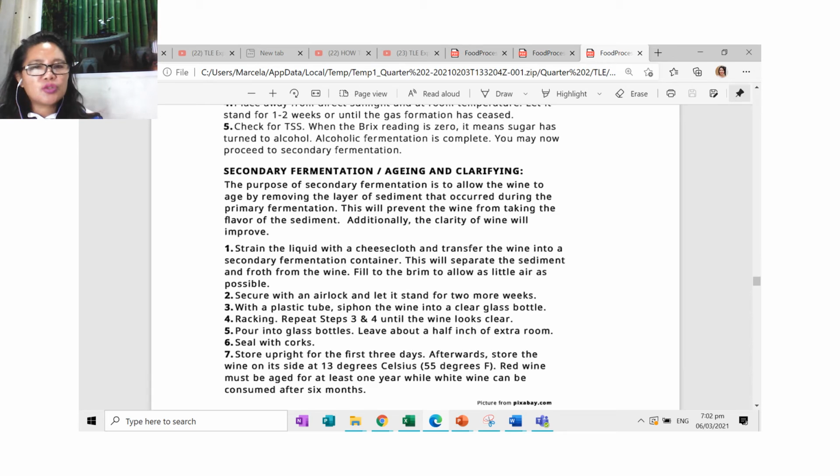Afterwards, store the wine on its side at 13 degrees Celsius or 55 degrees Fahrenheit. Then red wine must be aged for at least 1 year, while white wine can be consumed after 6 months.